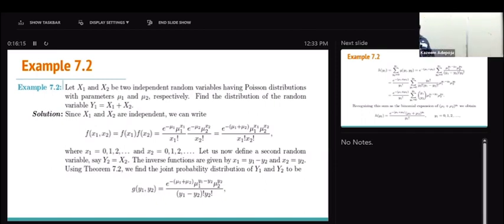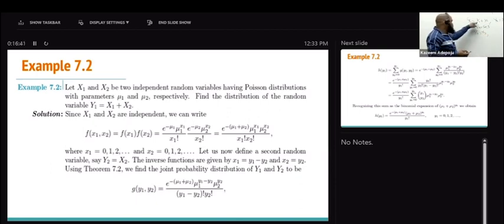Like I said, y1 is equal to x1 plus x2, and y2 equals x2. We need the inverses. The first inverse is x2 equals y2.